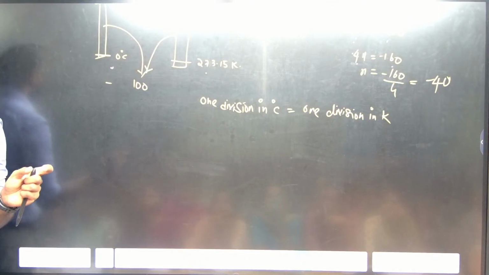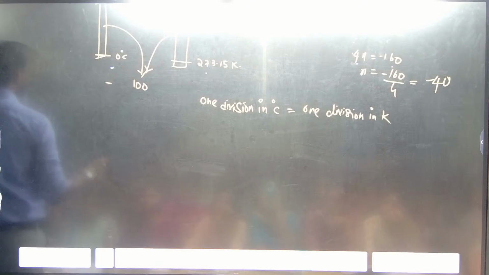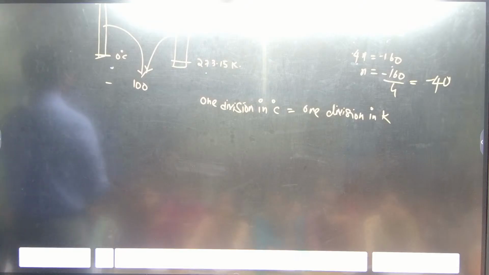I have told that change in temperature by 10 degrees Celsius, change in temperature to 10 degrees Celsius, or 10 degree, not Celsius, I will include, like 10 degree for both cases.